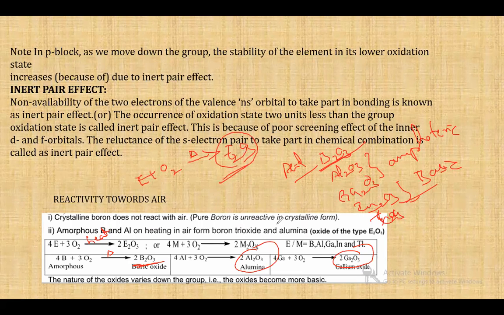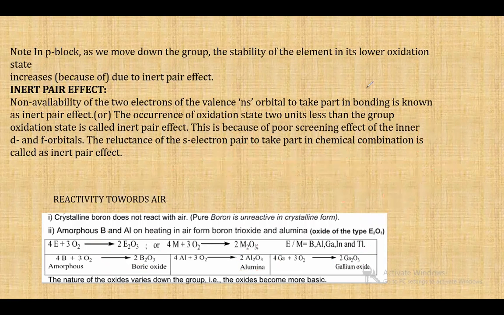Al2O3 is alumina, normally called aluminium oxide. Boron oxide, we call boric oxide, boron trioxide, B2O3. Gallium oxide, Ga2O3. This is how they react. This is what we discussed earlier, not new things.